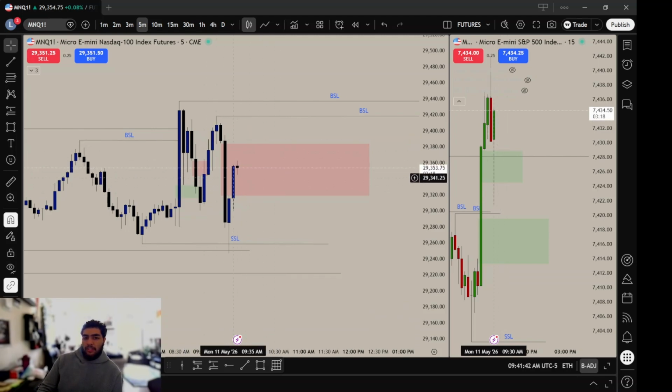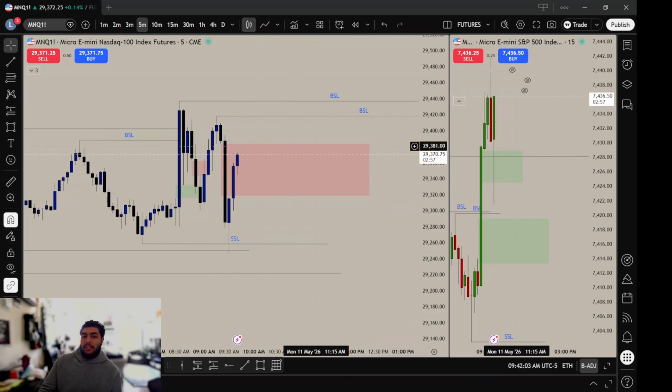If this creates one here and pushes higher, we are not gonna want to get chopped out right there, because then there's really no confirmation other than just the inverse right here, with an imbalance that needs to get filled. So if this creates a bullish fair value gap that needs to get filled and then pushes higher, we can take longs. Otherwise, if that gets inversed, we might be looking for shorts.